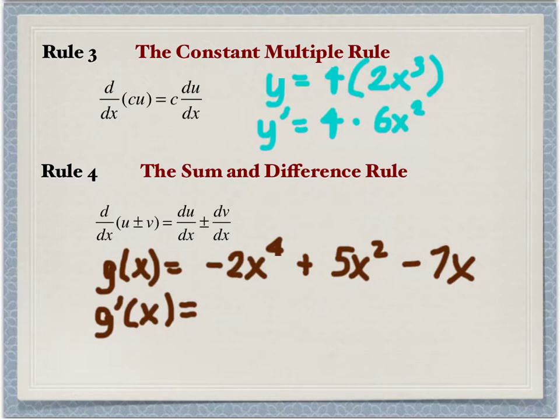First, the derivative of negative 2x to the fourth would be negative 8x to the third, plus the derivative of the second item, which would be 10x, and finally the derivative of the last one, which would just be negative 7. Sum and difference rule. Notice those are separate terms.